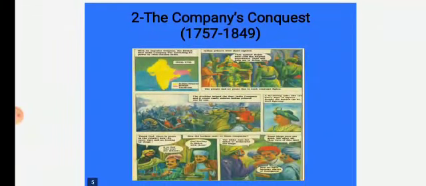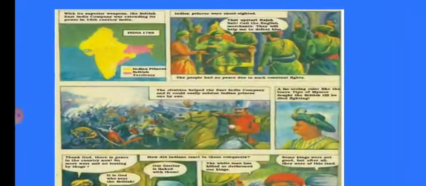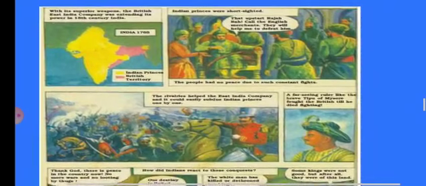Now the second is the company's conquest, 1757 to 1849. With superior weapons, the British East India Company was extending its power in 18th century India. In 1765, see, yellow is Indian and pink is British.